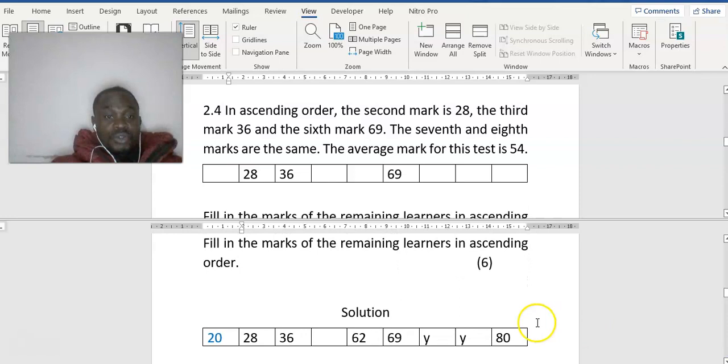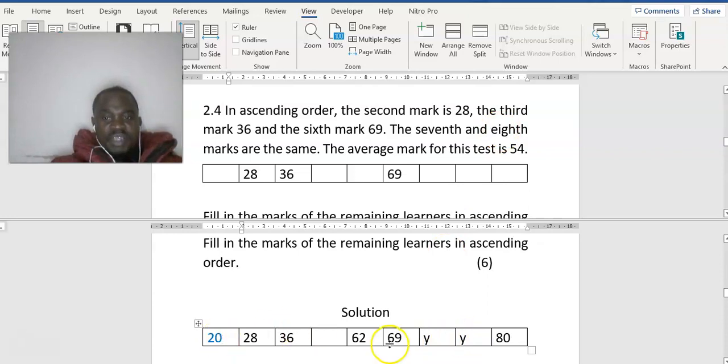Okay, so we know that this and this are given, 62, 69 was given. We were also given that the 7th and 8th marks are the same, so I've placed y and y here.